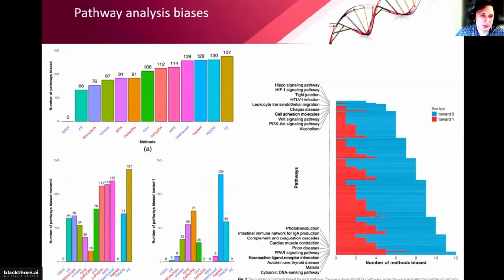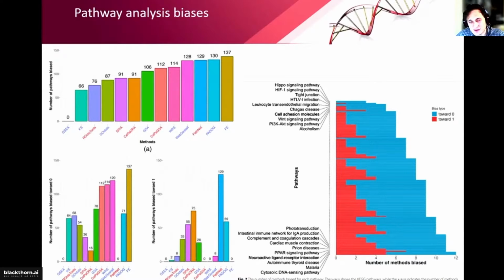And if you take a closer look, some instruments which showed good ranking for target pathways previously are not so good in terms of pathway biases, especially biases toward zero, like Purdue, which was quite good before.